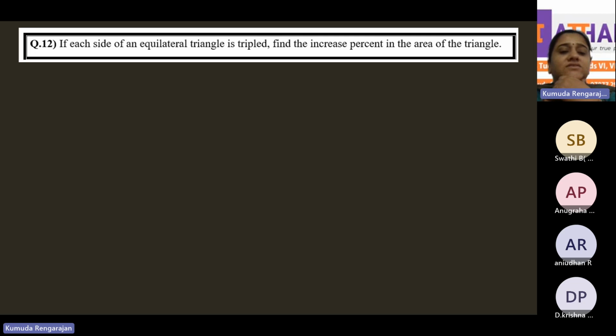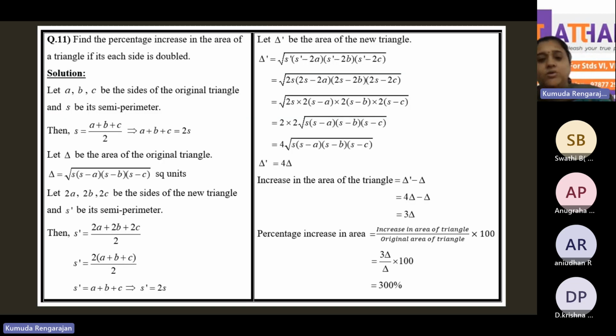If each side of an equilateral triangle, okay, how do you read this? This is delta, and this is delta dash. The original triangle area is delta, the new triangle has side s dash and area delta dash.